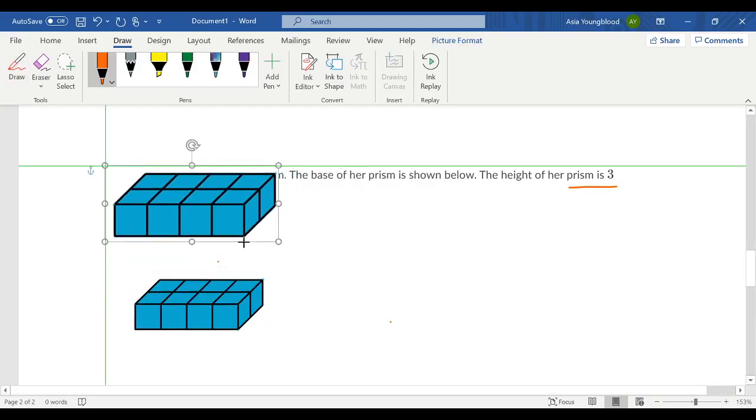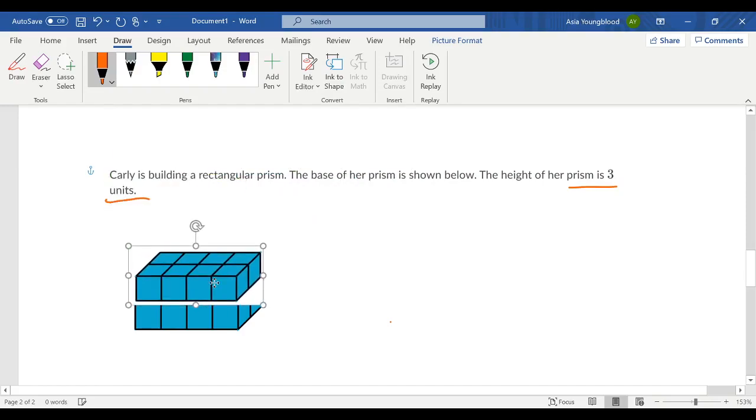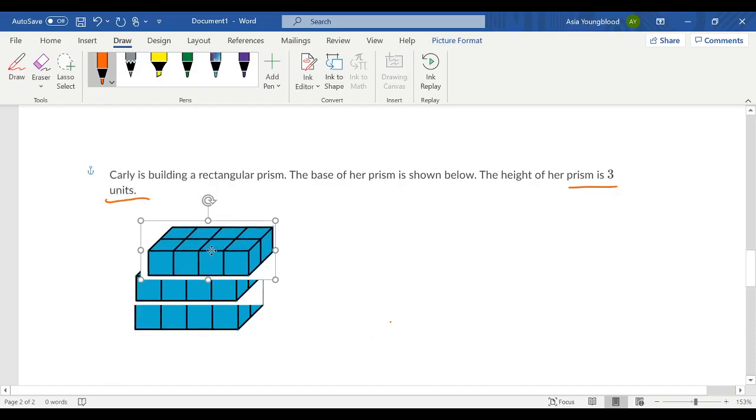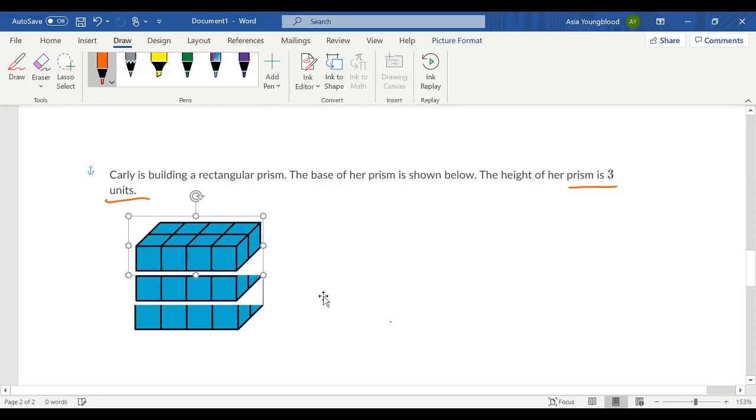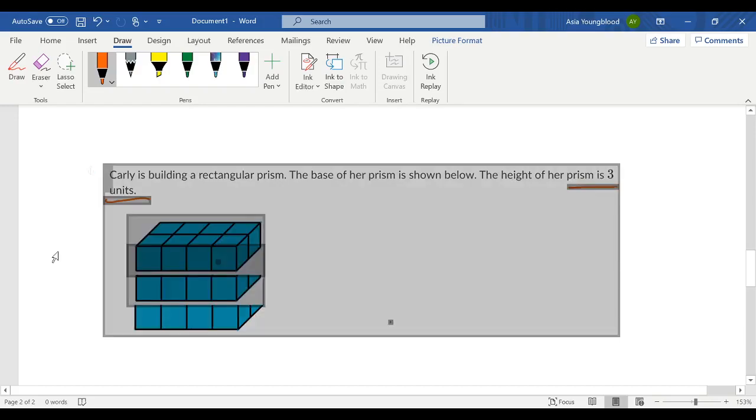Imagine this is perfectly the same size. Okay. So we just stacked, made sure that our prism is a height of 1, 2, 3 units. So we're asked how many more need to be added to what she already had.